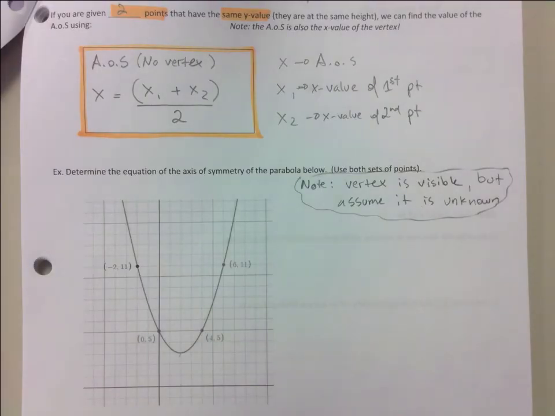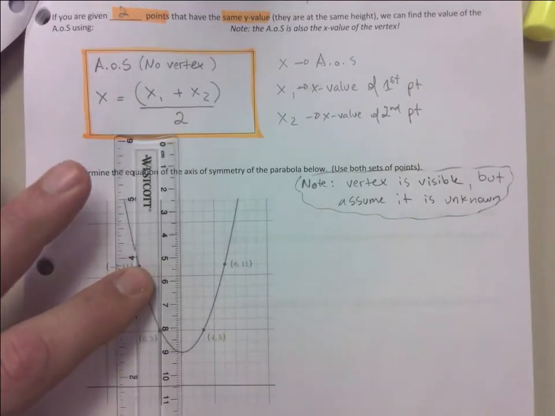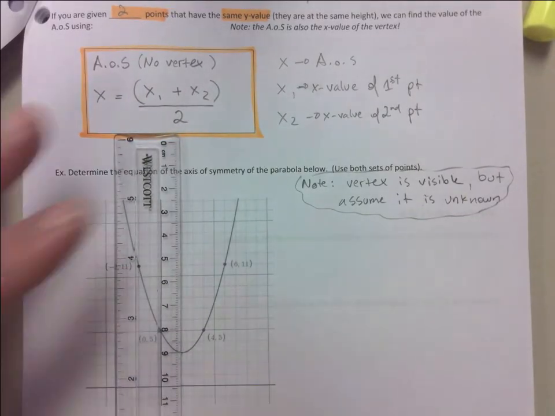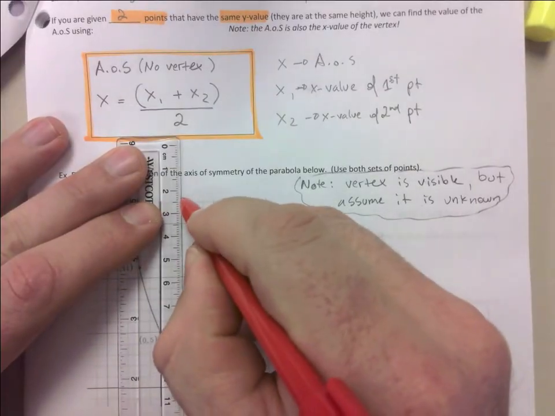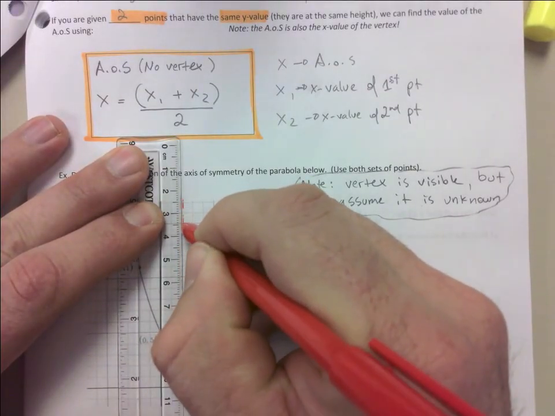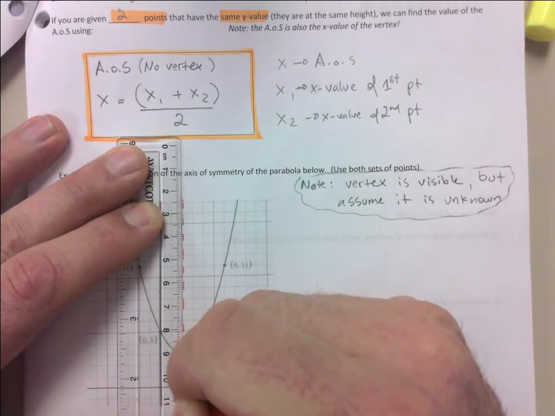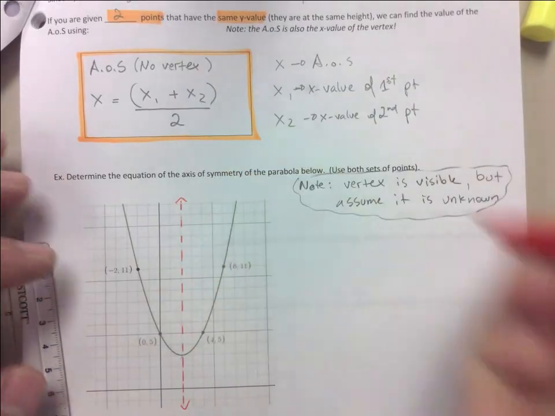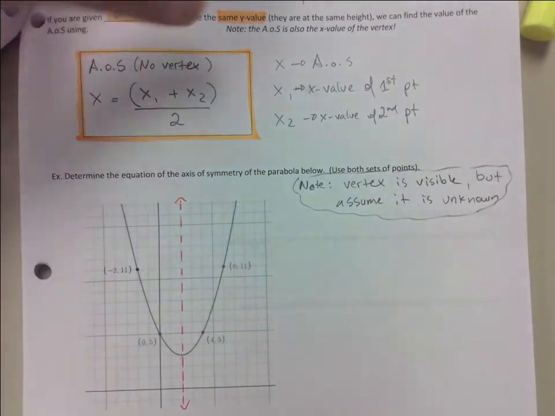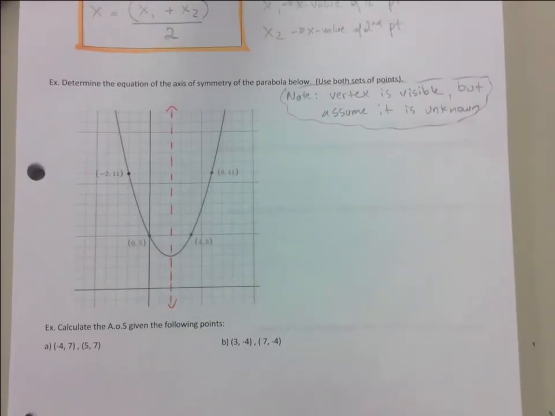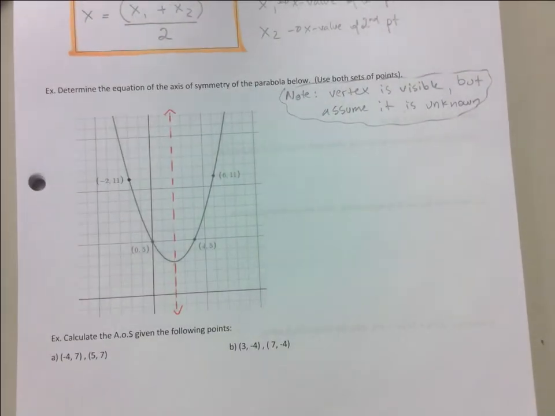So this is what we're interested in. We're trying to find the equation of this imaginary line that will cut through that vertex, okay? So we're trying to figure out what is the equation of this line. What is it? Okay.